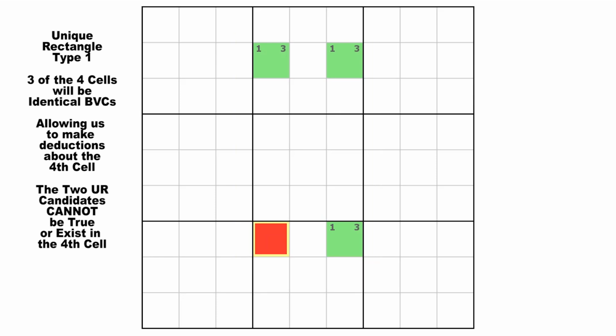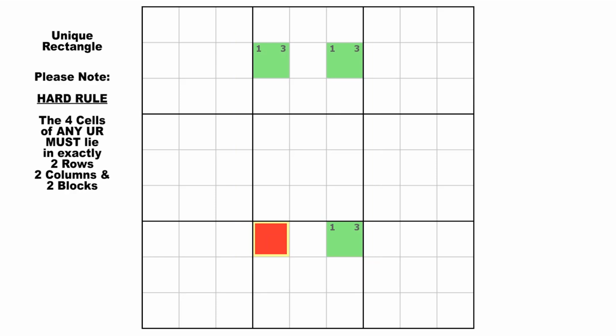But one of the very most important things to remember is that URs will only work when the four cells lie in exactly 2 rows, 2 columns, and 2 blocks. Let me repeat this. The concept of unique rectangles will only work when the 4 cells lie in exactly 2 rows, 2 columns, and 2 blocks. This is critical.